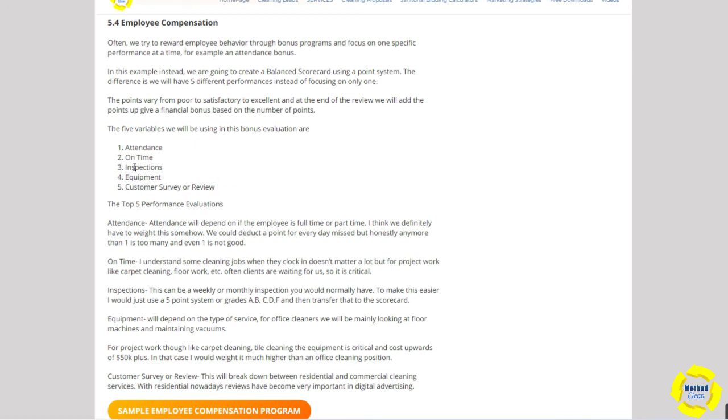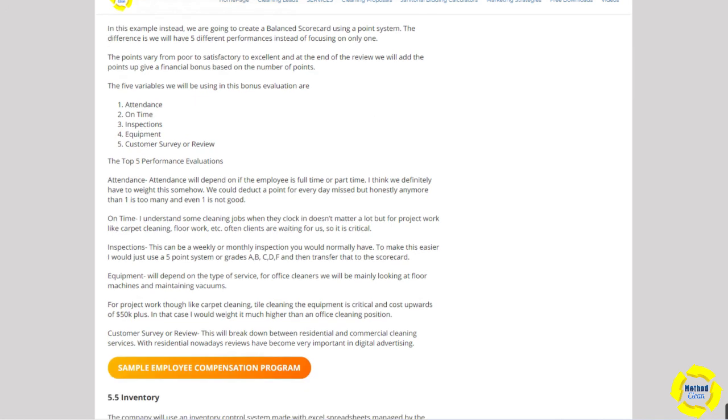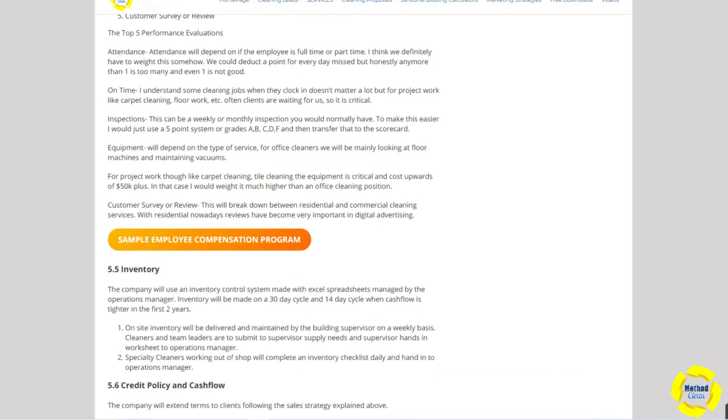So that's why we want to create, here are 5 different variables to consider when giving somebody a raise: attendance, on time, inspections, equipment, customer survey. You may put more weight on one or the other, or even cut this down to 2 or 3 things, or expand it. That would be up to you.